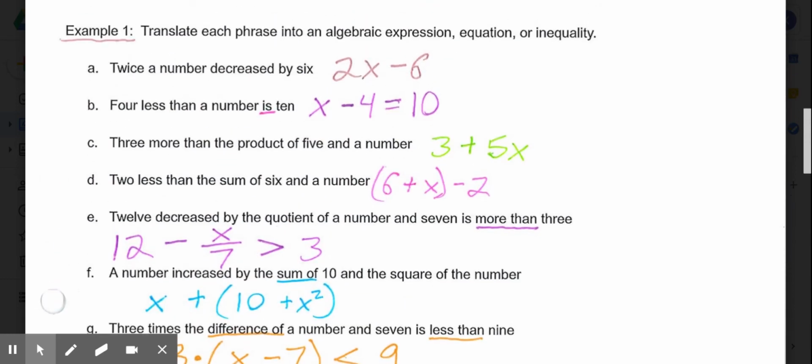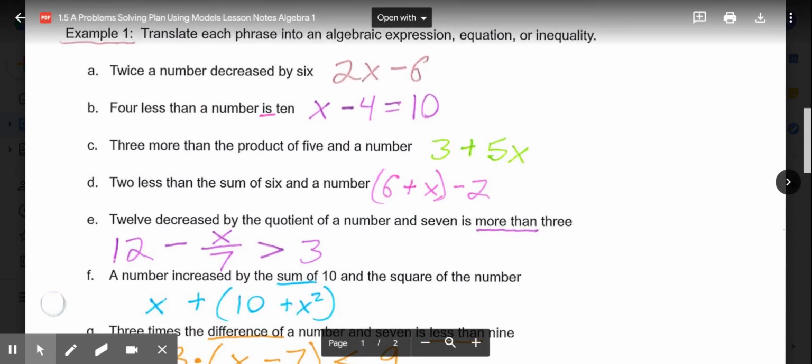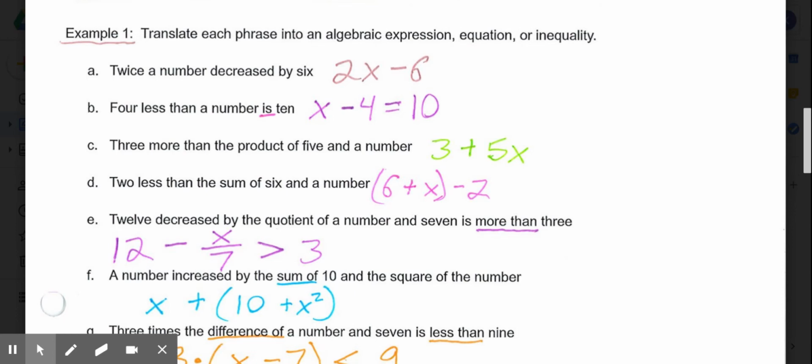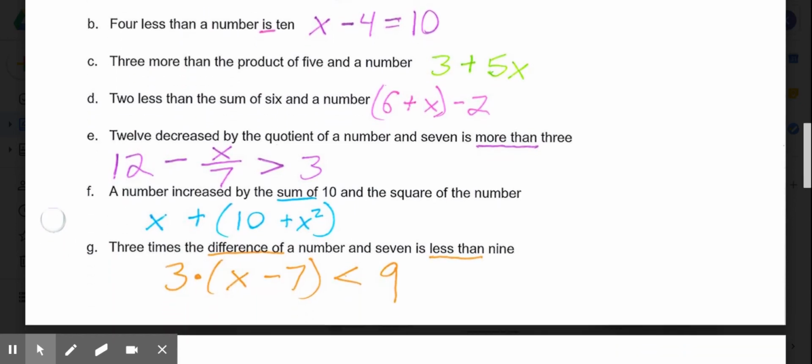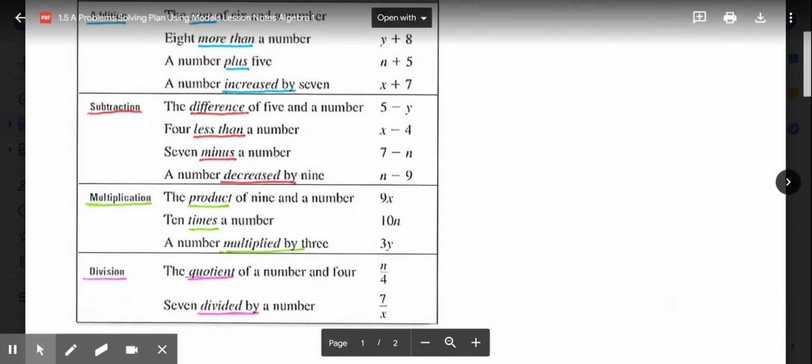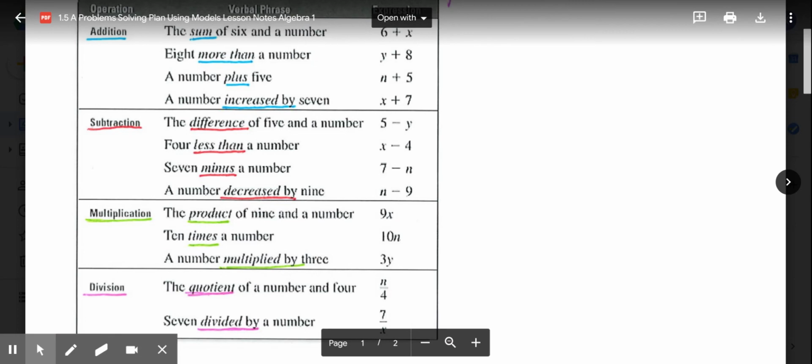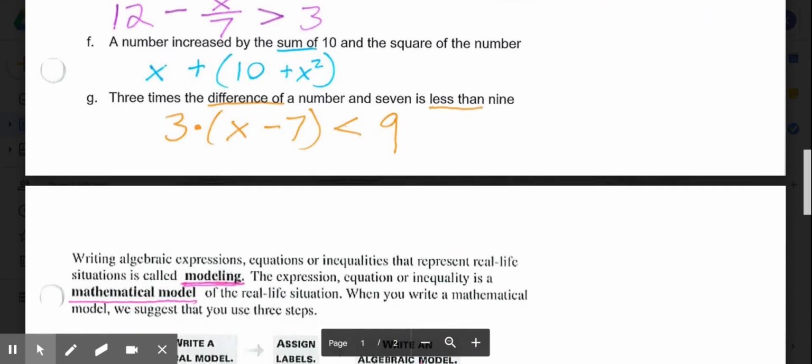So just taking our verbal phrases and rewriting them as expressions, equations, or inequalities. And remember to use this table here to help you out with some of the vocabulary.